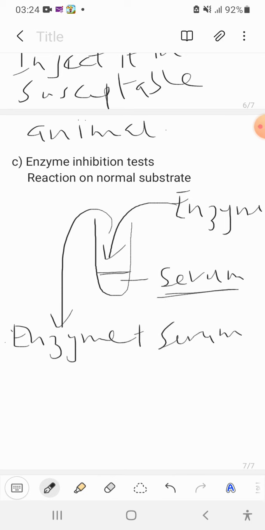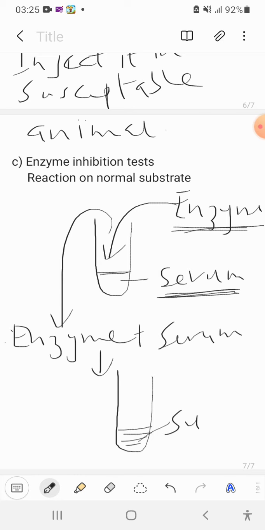If this serum contains suspected antibody against the enzyme, then the enzyme activity is neutralized. So you add this to a substrate again in a tube. So this is the substrate.